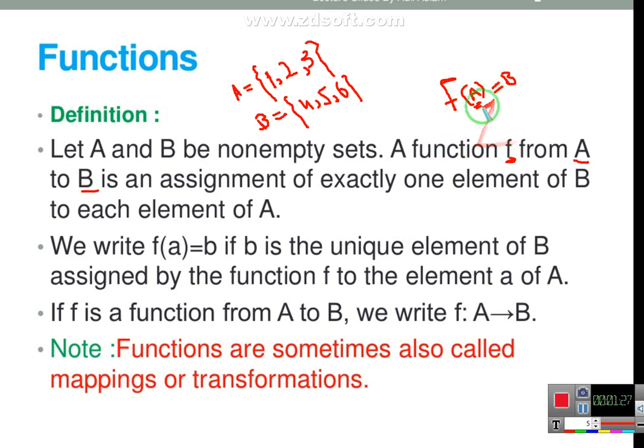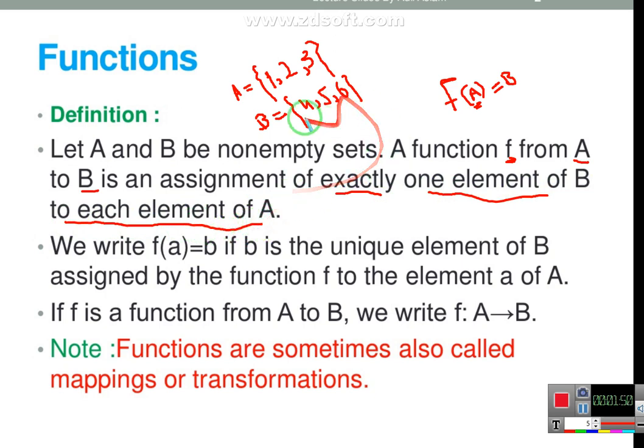So you put in a value of A, and your output will be in B. So a function f from A to B is an assignment of exactly one element of B to each element of A.